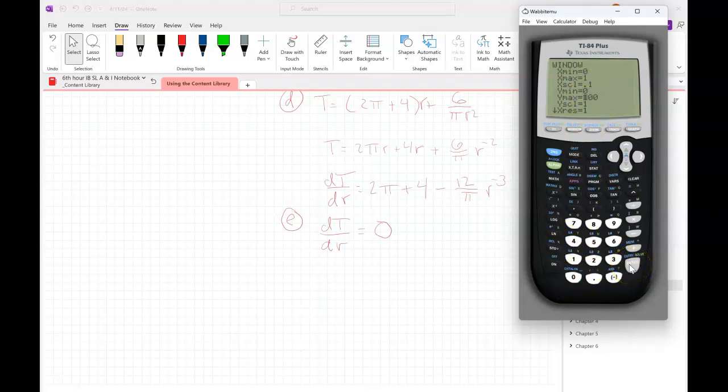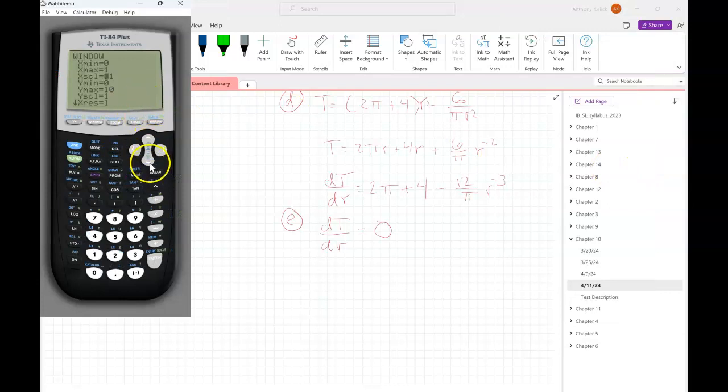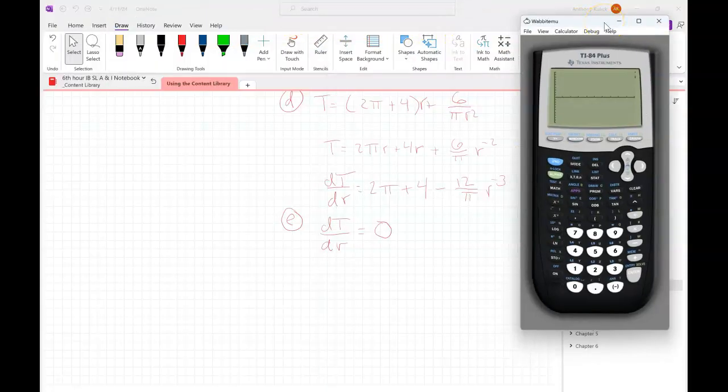So again, that's probably good enough there. Oops, and I probably wanted to give myself some negative on that. Okay. So if I look at my graph here, there's my x-intercept.